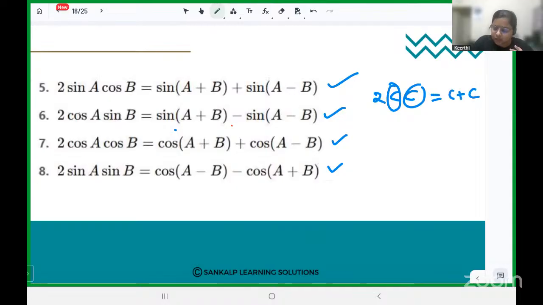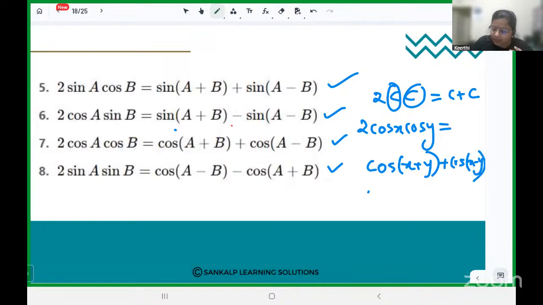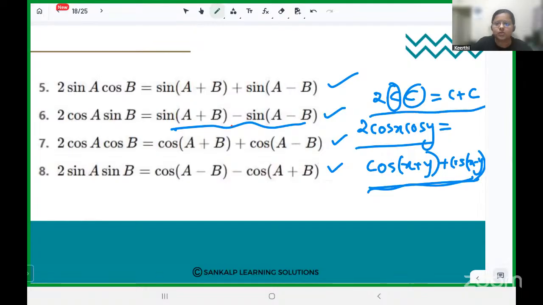That means 2 into cos x cos y is equal to cos of x plus y plus cos of x minus y. Here I used x and y; in this one they have given it as a and b. You can use any variable. The short form of that is 2cc is equal to c plus c.